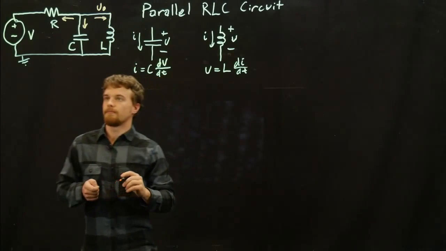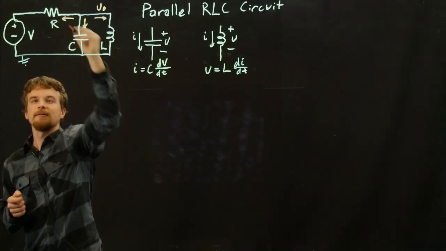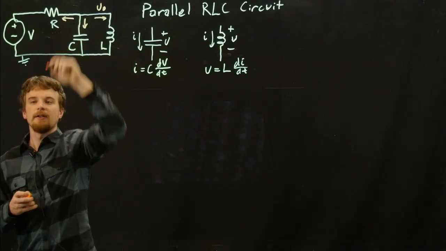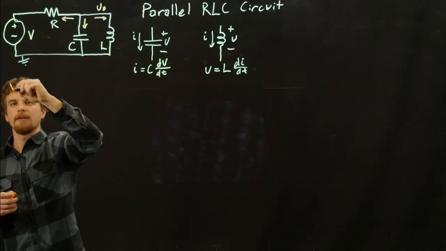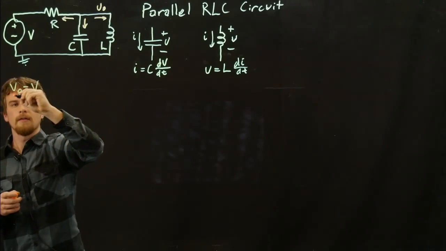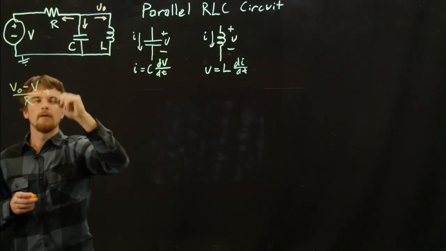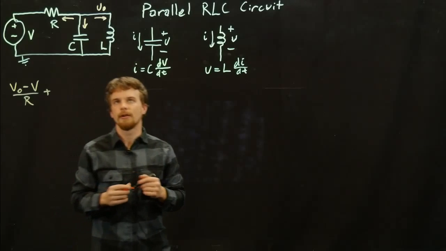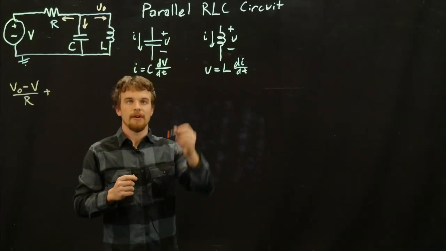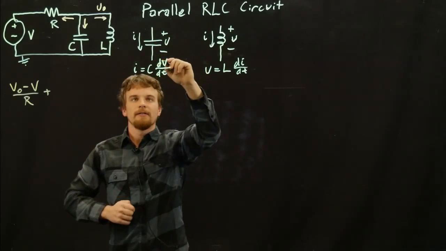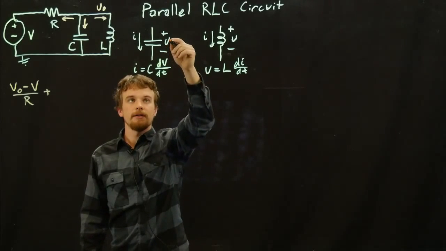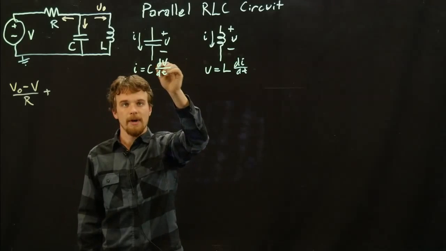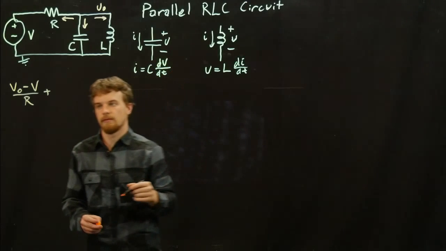We'll say that this current is equal to V naught minus our source V, over R, plus the current through this capacitor. Now, what's the current through a capacitor? This holds for any capacitor. If there's a voltage across it, the current through it is equal to the capacitance times the time derivative of the voltage.